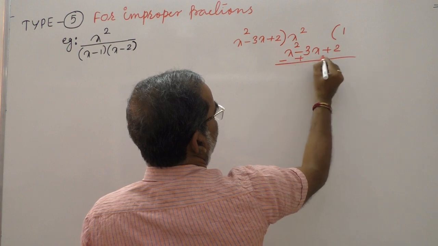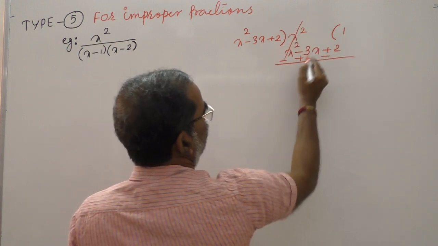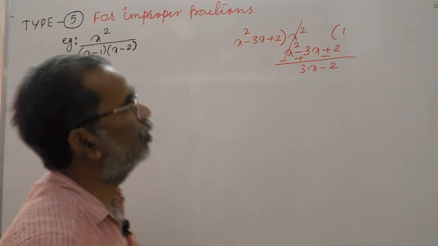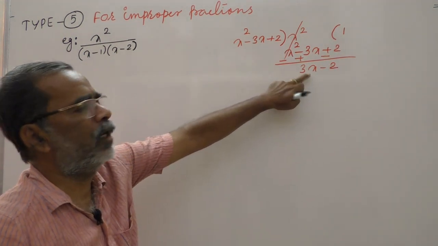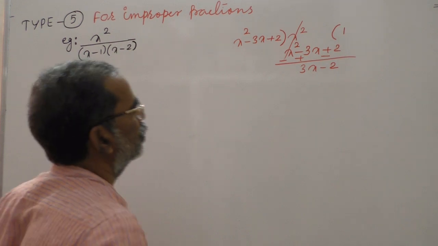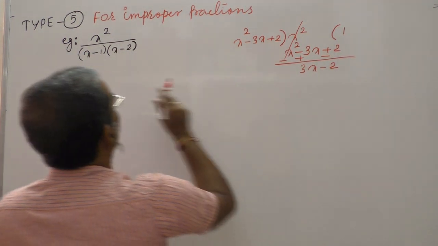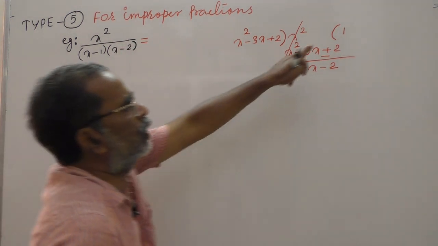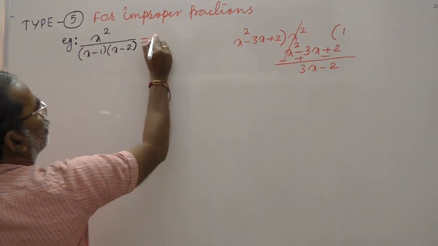Subtract this. These are cancelled. We have 3x minus 2. So the remainder degree is 1. You can stop this. So therefore, now you can write this given fraction as, what is that quotient? Quotient is 1, no?